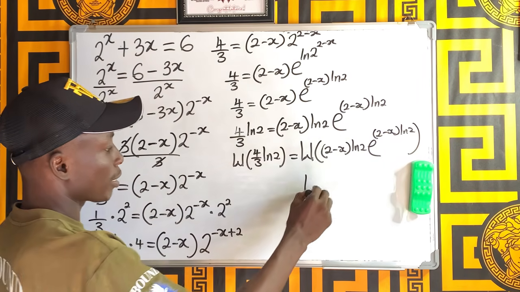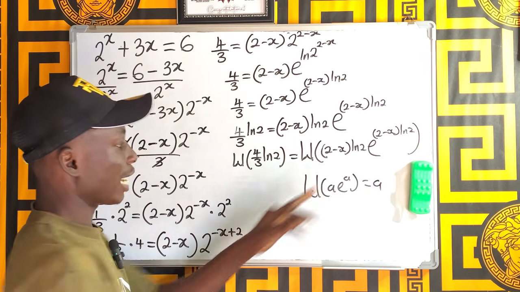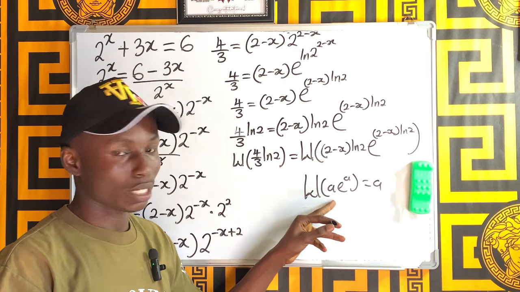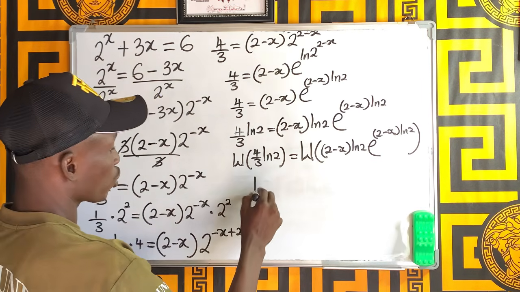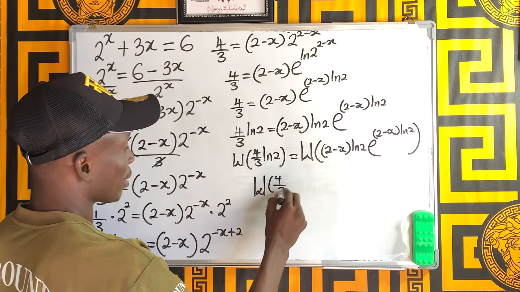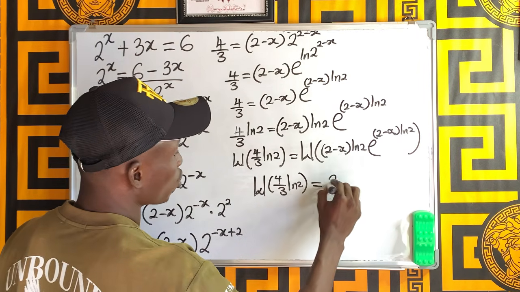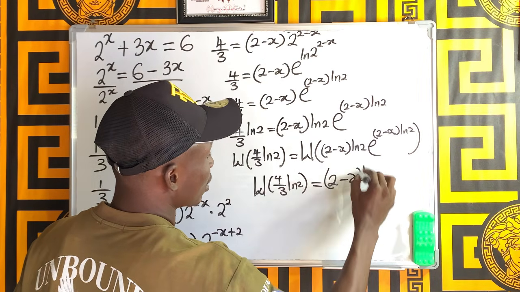Now, by obeying these properties, the outcome here will just be 2 minus s ln 2. So that means the W function of 4 divided by 3 ln 2, or natural logarithm of 2, is equal to 2 minus s ln 2, right?